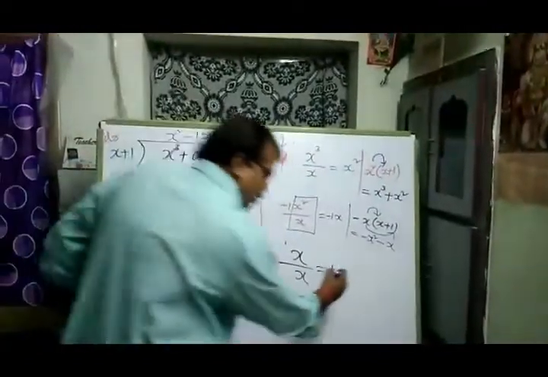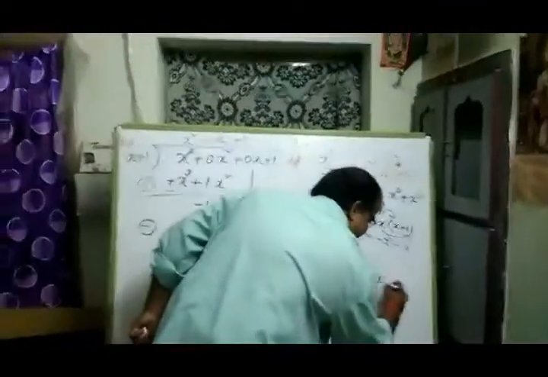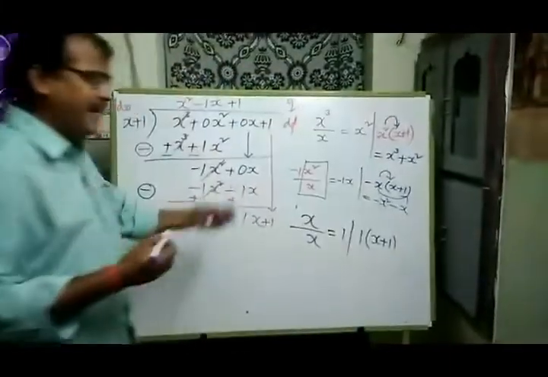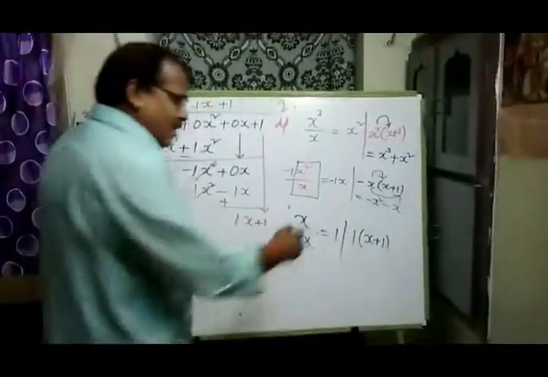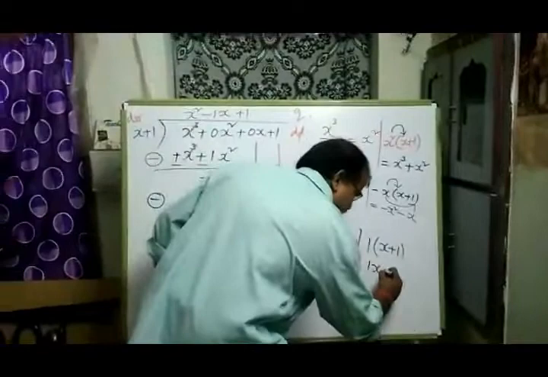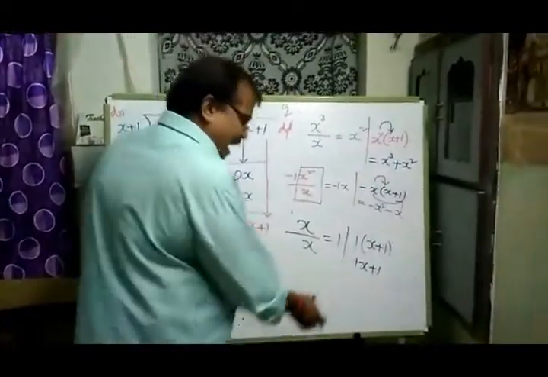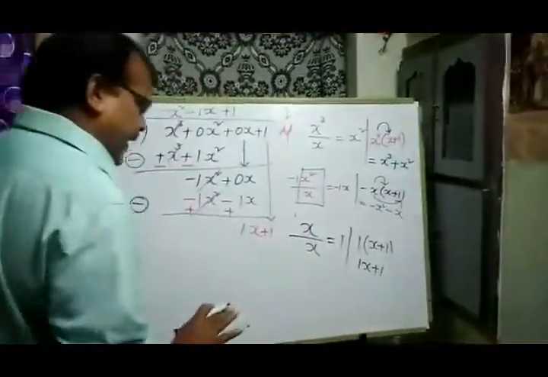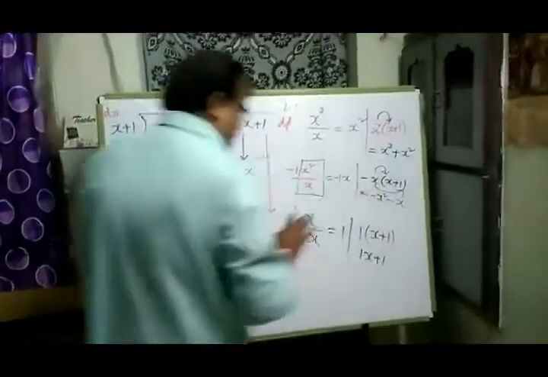The partial quotient 1 into divisor x plus 1. What is the answer? 1 into x plus 1, that is 1x plus 1, or directly x plus 1 also you can write.